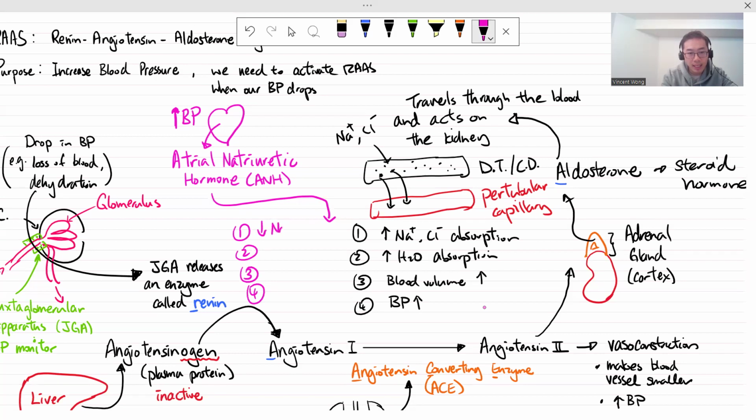It's going to reduce NaCl absorption, which will reduce H2O absorption, and then blood volume goes down, and blood pressure goes down. Okay. So it's basically going to encourage peeing. It's going to encourage you to get rid of more water so that you don't have as much in the blood. It brings the blood volume down.